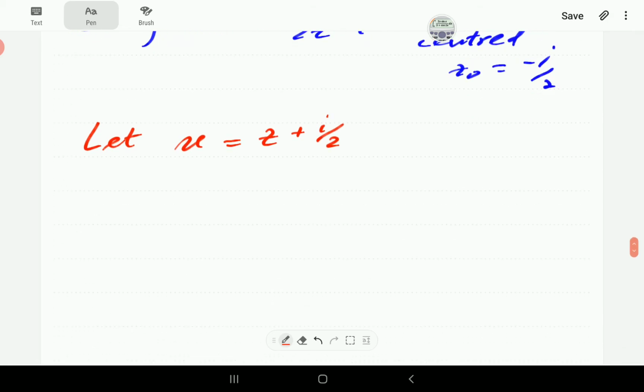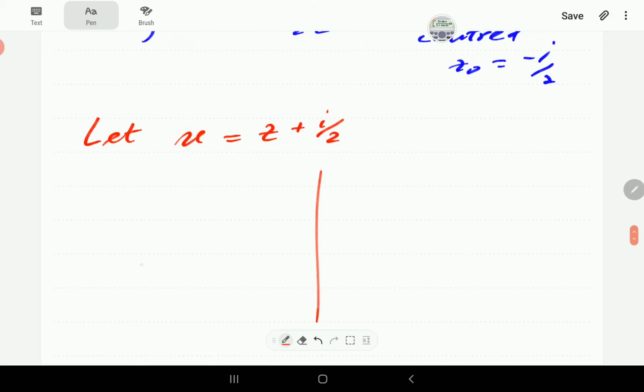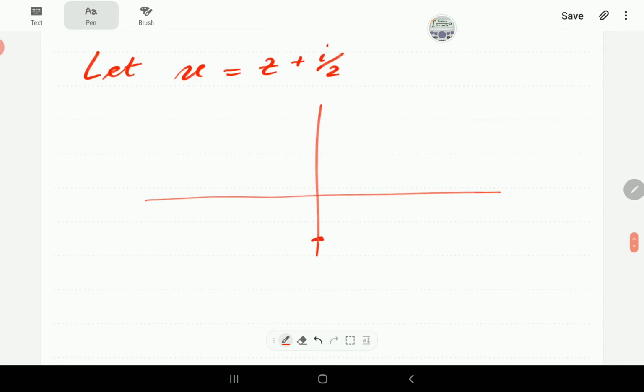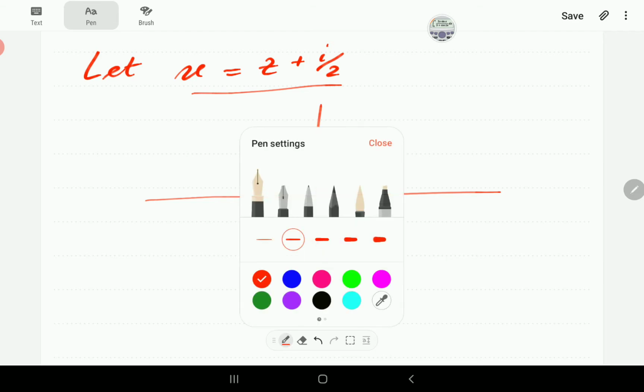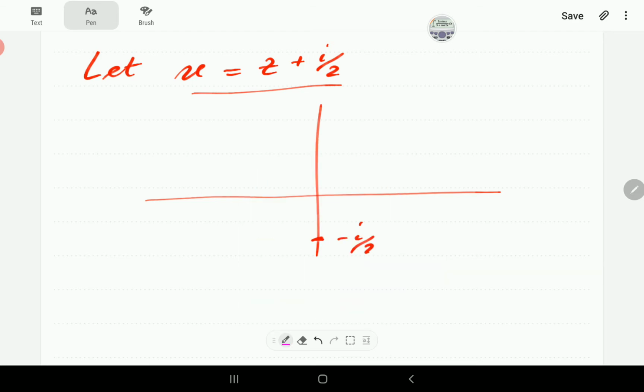Okay, so if I can just make a sketch of this. There is minus i/2. This is the z plane. So what we're doing in terms of this transformation is introducing a u plane.